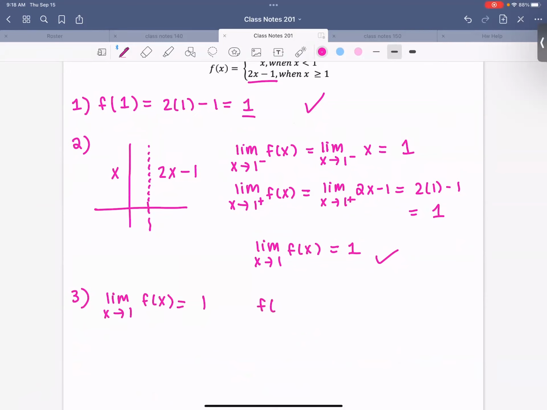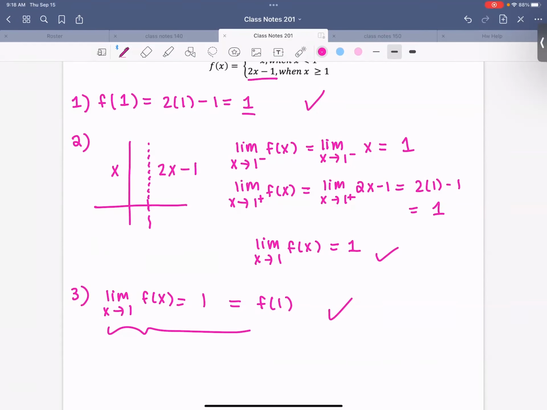The f of 1 was 1. So since part 1 and part 2 have the same answer, we also can check off number 3. Okay. So by the way, this means that our function is continuous at x equals 1.